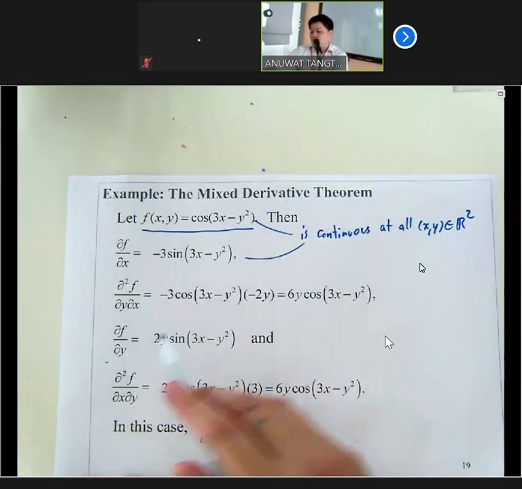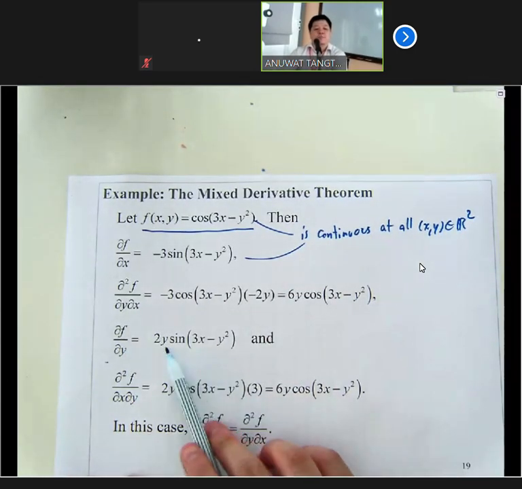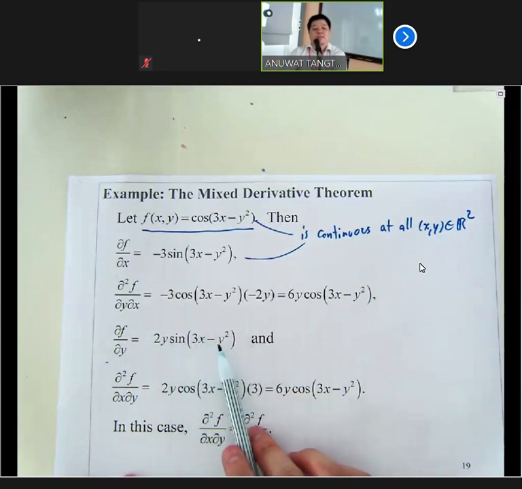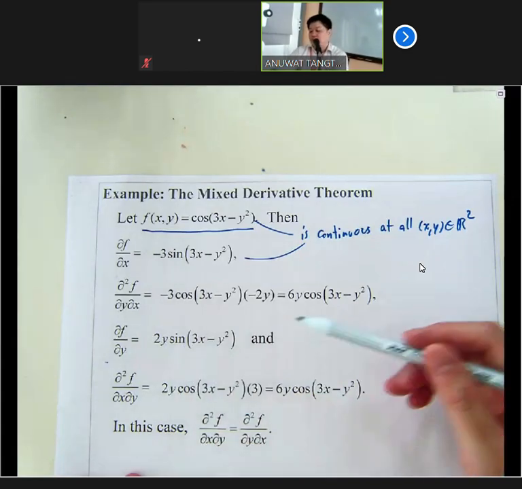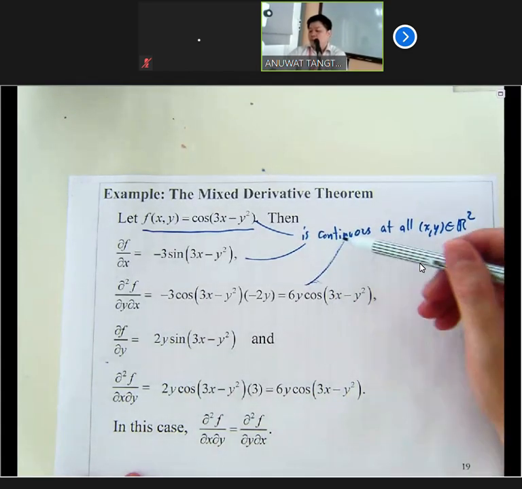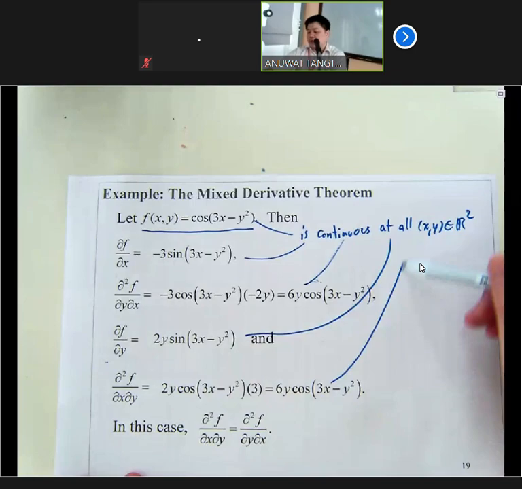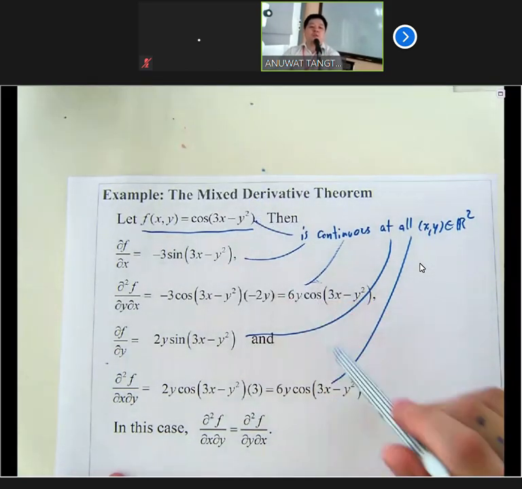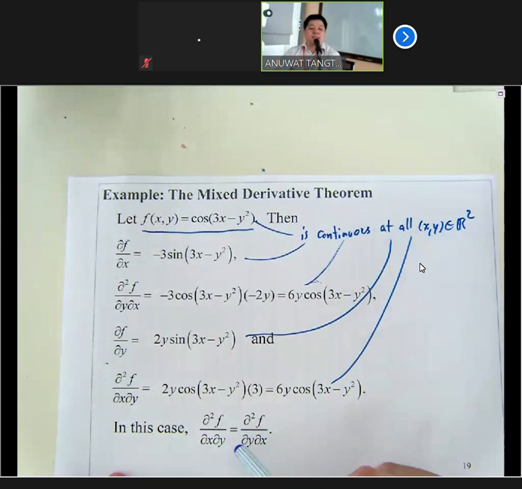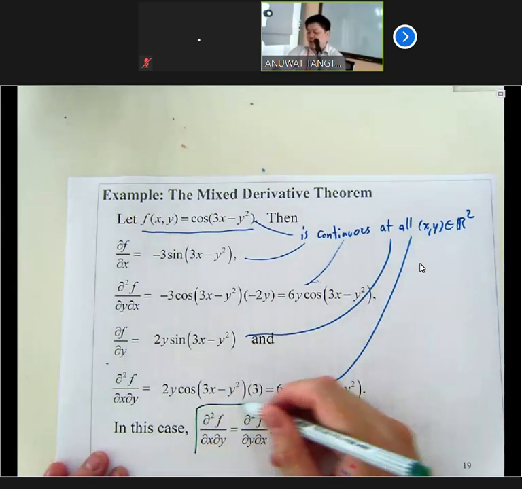Even df by dy, this is the composite between the sine function and this, and when we multiply with the y function, this is also continuous. That means all of these 5 functions would be continuous. And by the mixed partial derivative theorem, we can guarantee that the mixed derivatives would be equal.